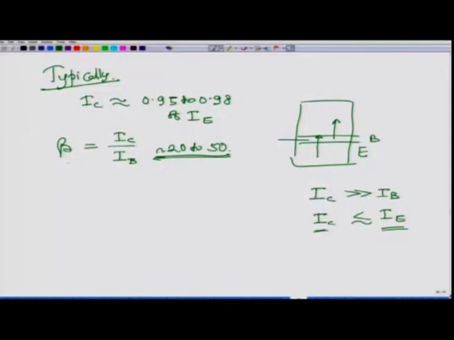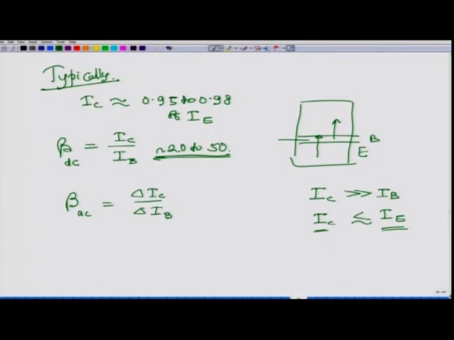If I increase this base current by a little bit, what will happen to the collector current? And therefore, this beta you can write as beta DC. This is the entire current IC and entire current IB. But you can also define beta AC, which is the incremental change in this current and the incremental change in this.